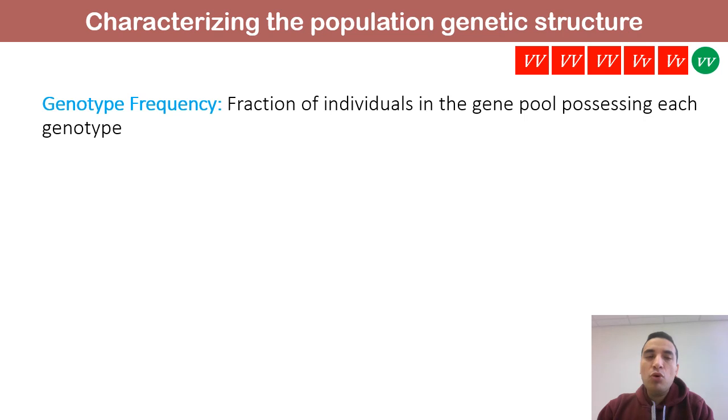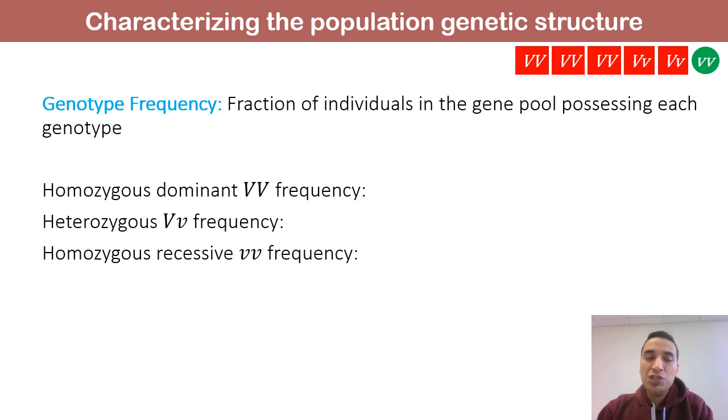Let's talk about one more term. I promise this is the final term before we can answer this question. This last term is genotype frequency, which is the fraction of individuals in the gene pool possessing each genotype. Now we are talking about genotypes. How many genotypes are there and what is the proportion of those genotypes in the population? Well, there are 3 genotypes: homozygous dominant, heterozygous, and homozygous recessive.